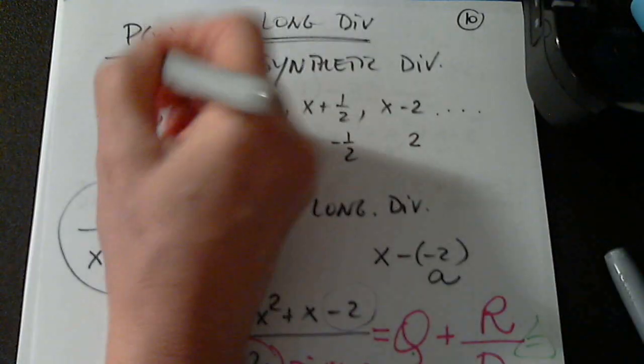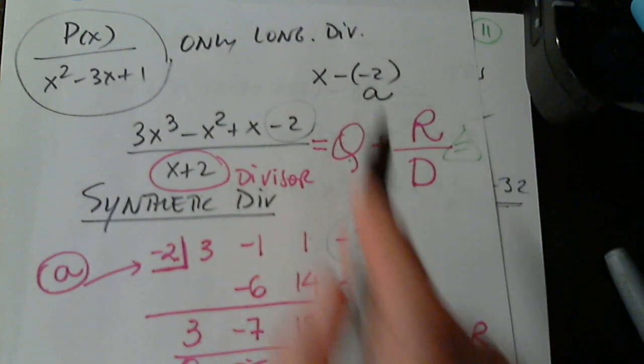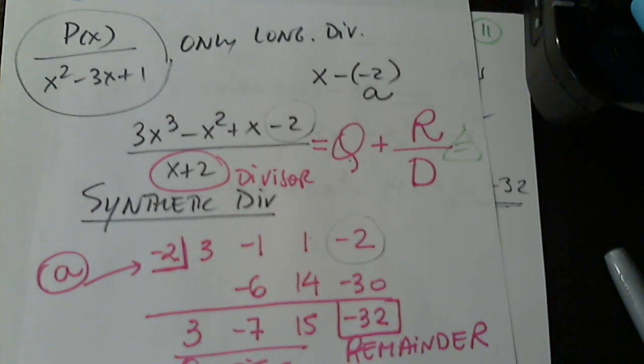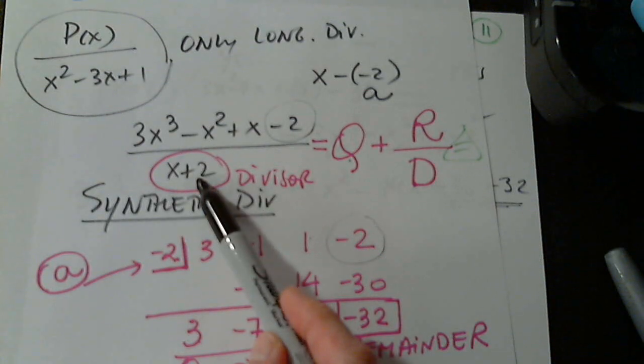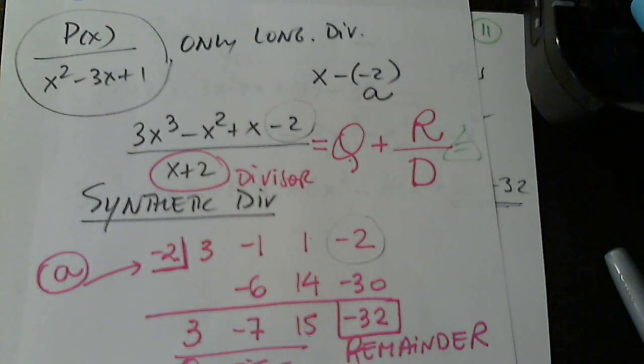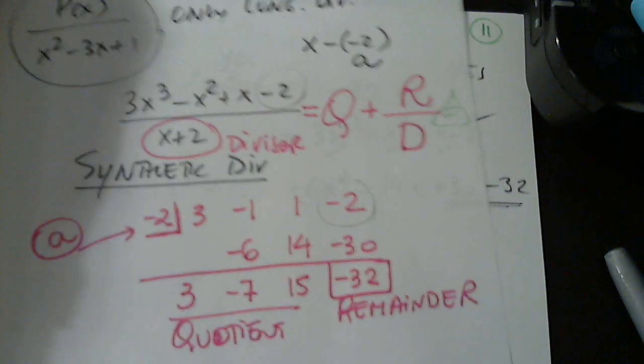Synthetic division requires minus. If you don't have minus, it means that you have two minuses. So a is negative 2, because x minus negative 2 is x plus 2. Okay. Is that okay?